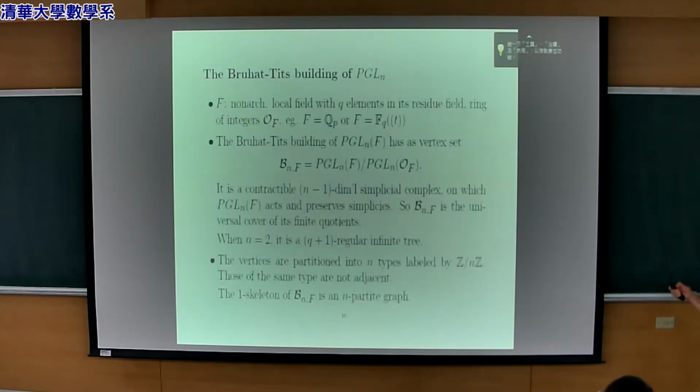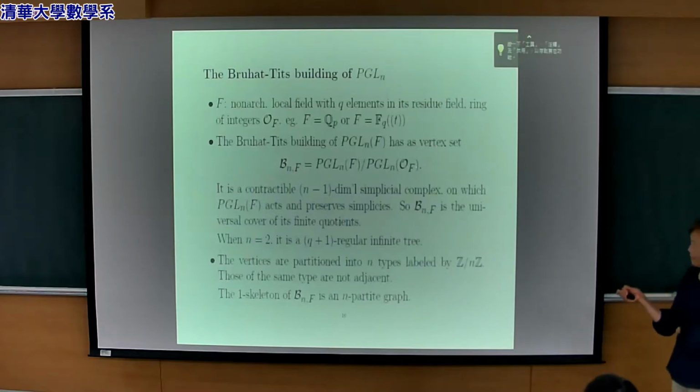Okay. So next, let's go to the higher dimensional analog. In this case, I will consider the field which we call a non-Archimedean local field, say the field of p-adic numbers, Qp, or the field of Laurent series over a finite field F_q.